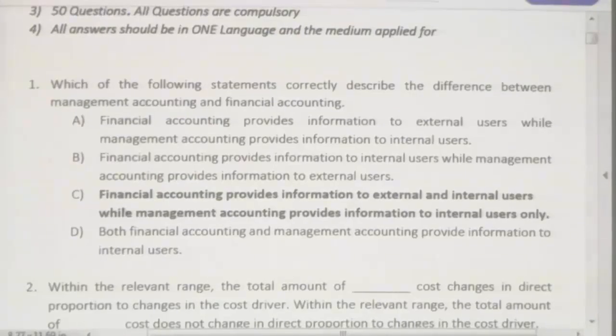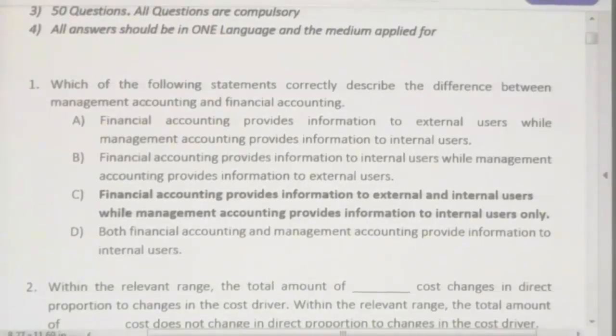Now, this question tries to separate management accounting and financial accounting. The question is, which of the following statements correctly describes the difference between management accounting and financial accounting? You can see the answer is also highlighted. In each and every paper, the answer is highlighted in bold.